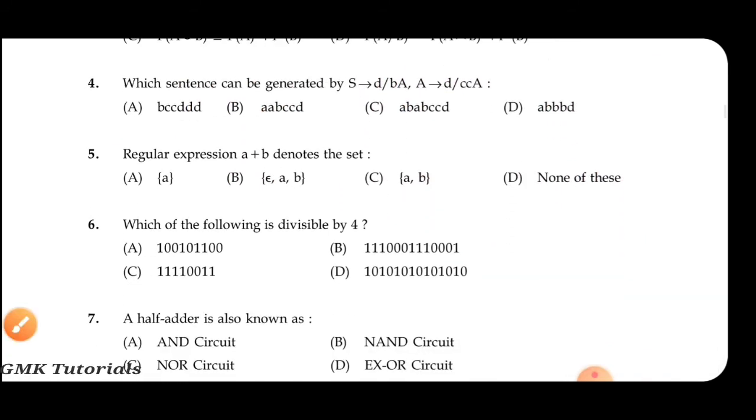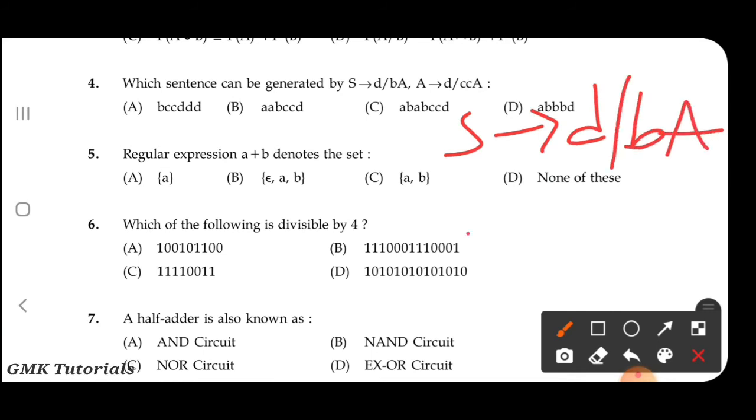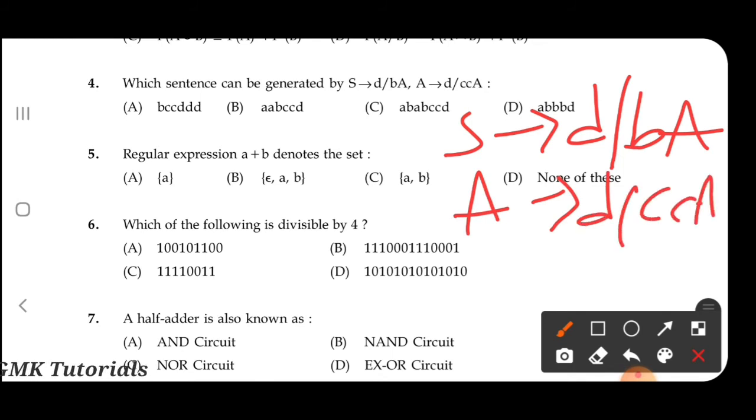Fourth question, which sentence can be generated by the given grammar, S tends to B, B, A and A tends to B, C, C, A. We have to see which option satisfies the grammar.